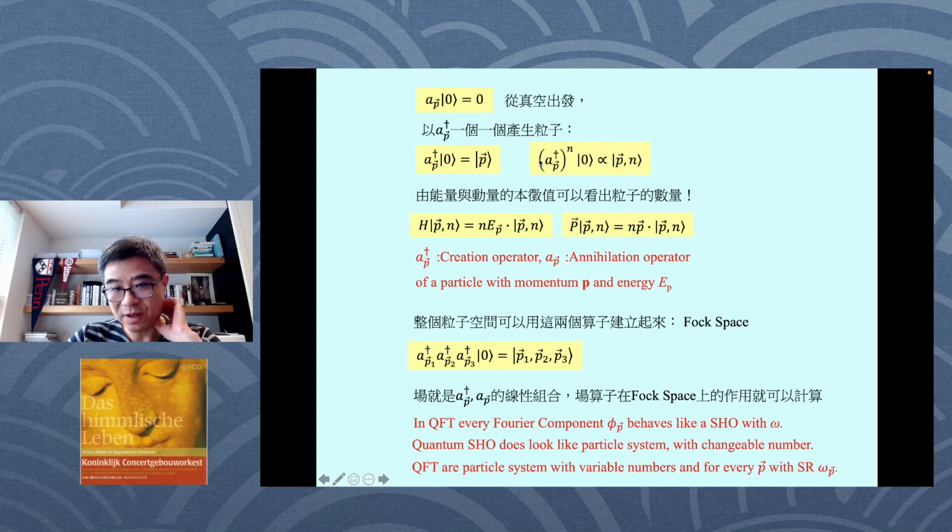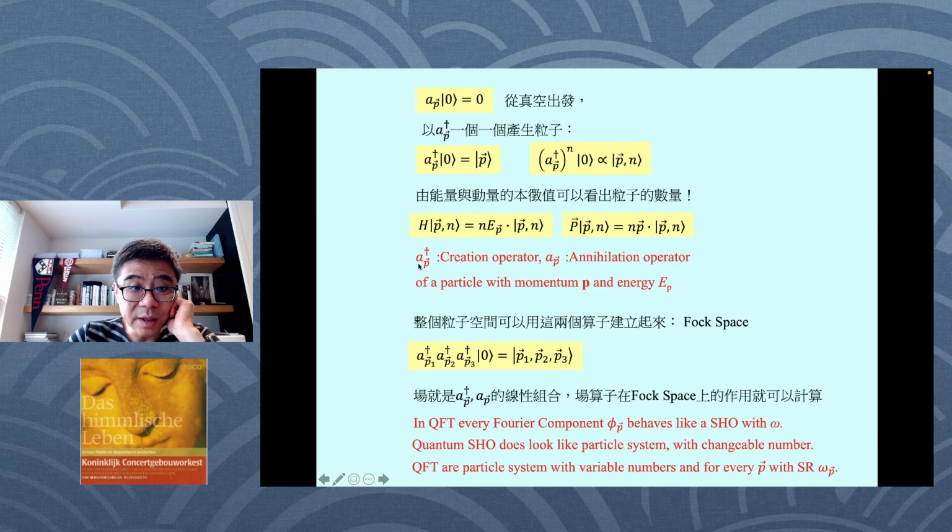I go very, very fast here. You can sit down and think about it, deliberate on it in detail. It is so enjoyable. But the bottom line is you can use A dagger to repeatedly raise the momentum and raise the energy, and therefore it becomes a particle system.